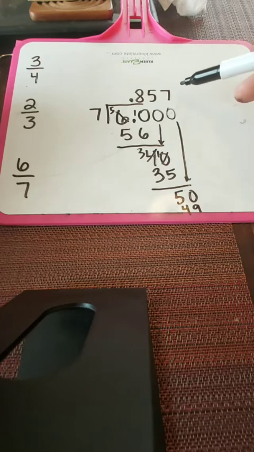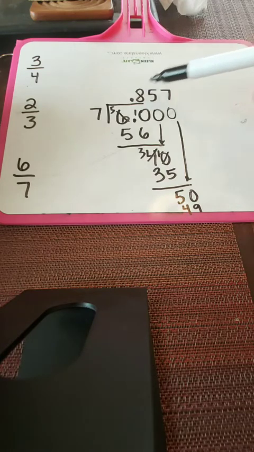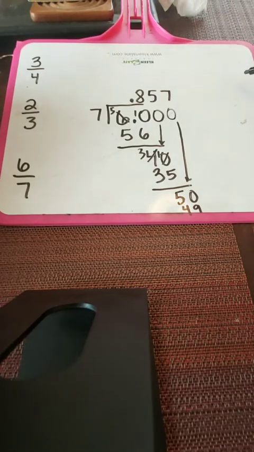Because you could continue on with this problem, but that is not necessarily beneficial. 7s are kind of a special number in division. So anytime you have a 7, if you get the first 3 numbers of that, I'm fine with that. You can stop right there.